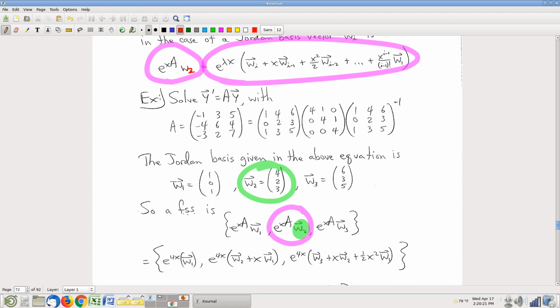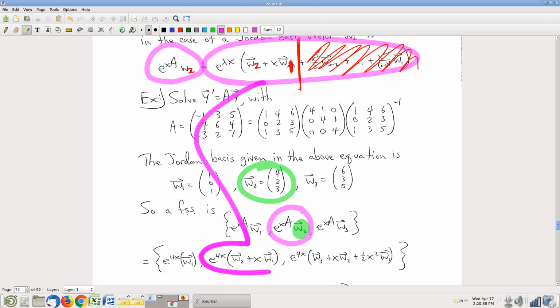That makes this W2 right there. That makes this W1 right there. And that's the eigenvector, and we stop. And so we get that. Everybody see what happened there? This is how this plays out. Okay. All right, next one.